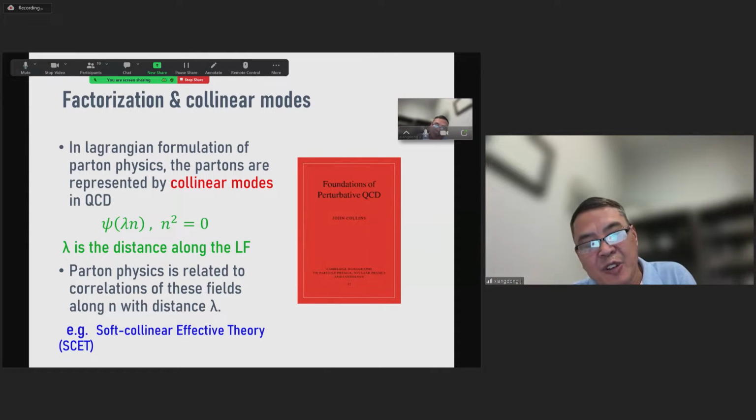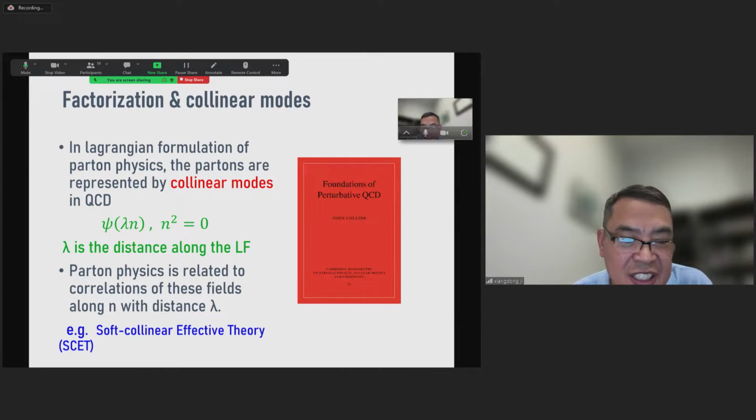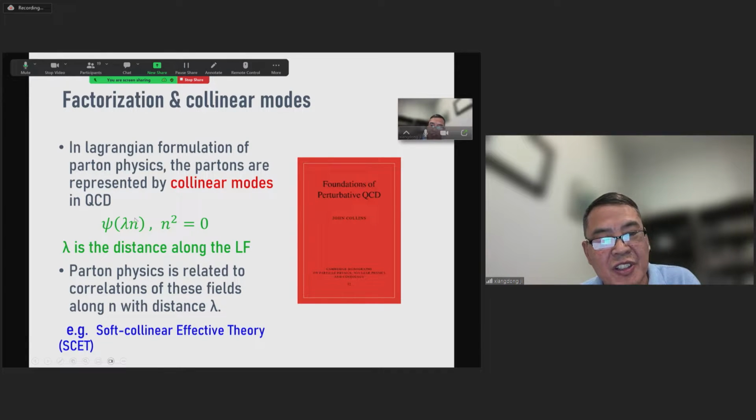Now, of course, if you look at the standard particle theory textbooks, the language to formulate parton physics is in terms of effective fields called collinear modes. So you have, for example, a quark, and with coordinates, the n here is the light-cone direction. And so you have fields whose most important component lies along the light-cone directions.